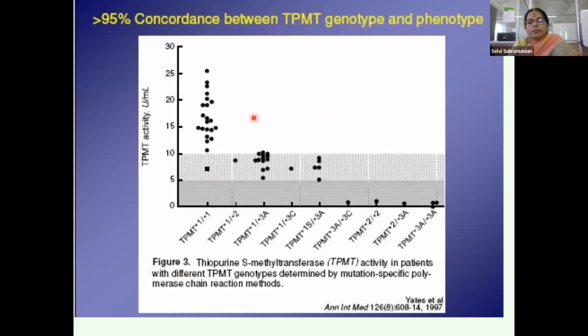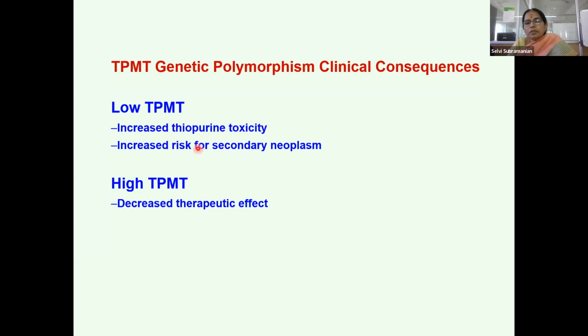In this particular individual, you can see the activity is high. When the activity is high, it is good. It is going to degrade the mercaptopurine, because the other cells also have to divide and make DNA. So regarding TPMT genetic polymorphism and clinical consequence, low TPMT activity means increased thiopurine toxicity.